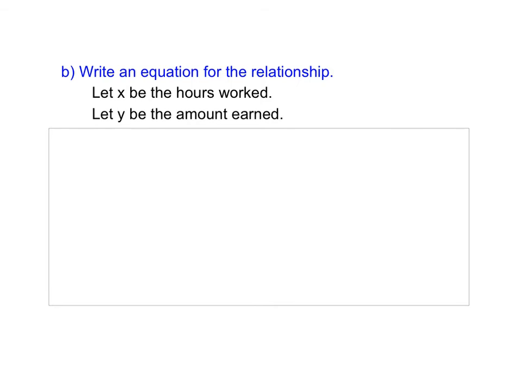Most of the time, all of the time, y is used to represent the dependent variable and x is the independent variable. So this is the independent variable and y is the dependent variable.